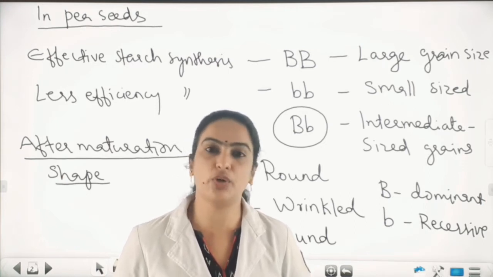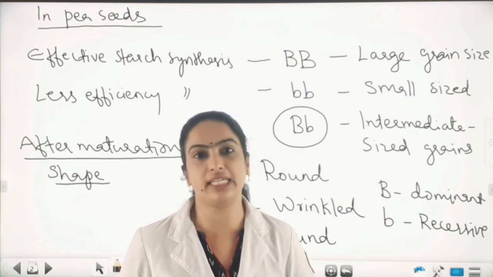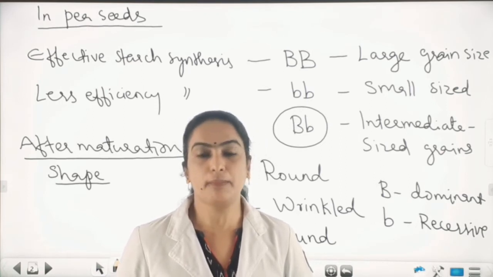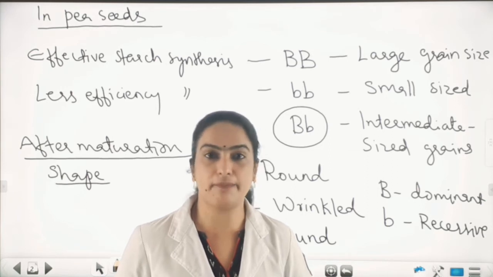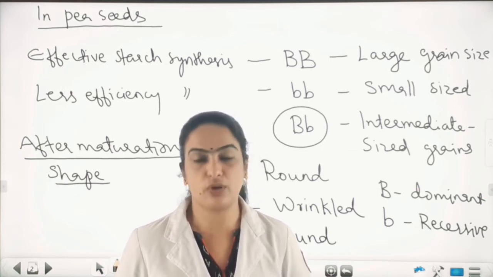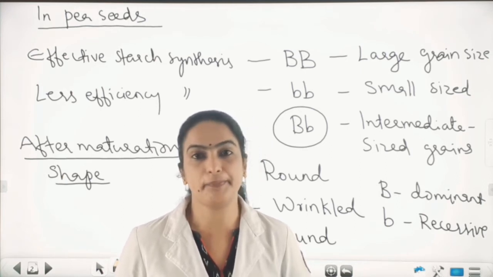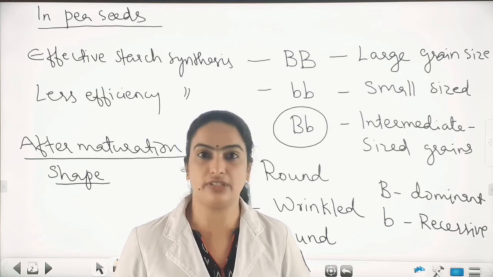Which are the phenotypic characters? Size of the grains and shape of the seed. Both are controlled by the same gene. And this phenomenon is called Pleiotropy. Or we can say more than one character is influenced by a single gene.